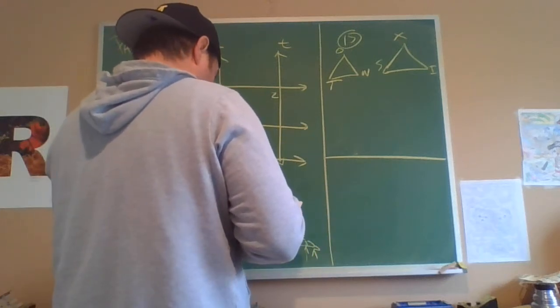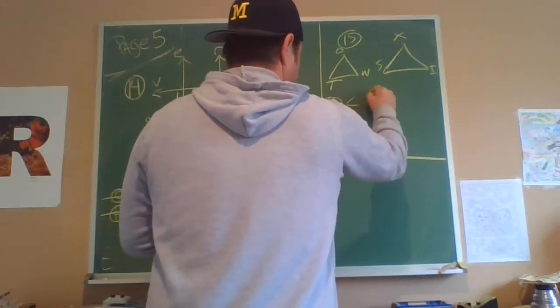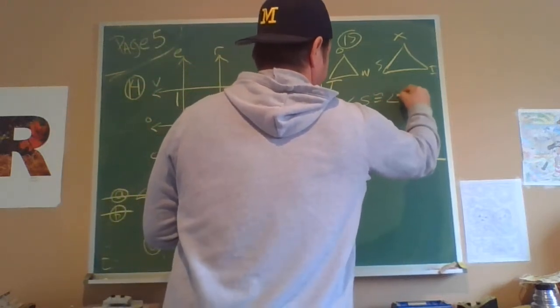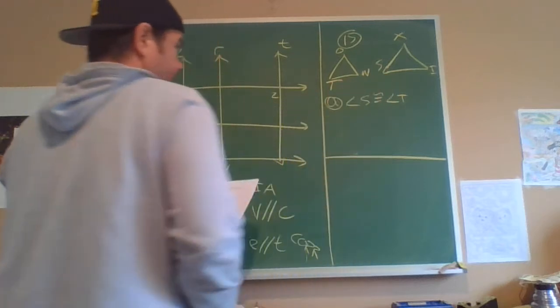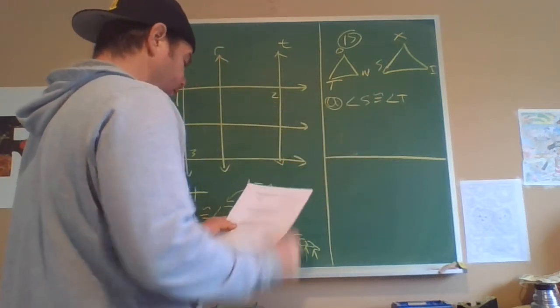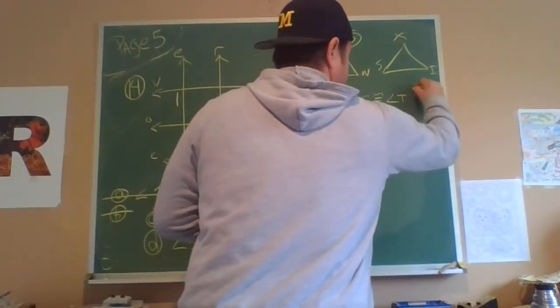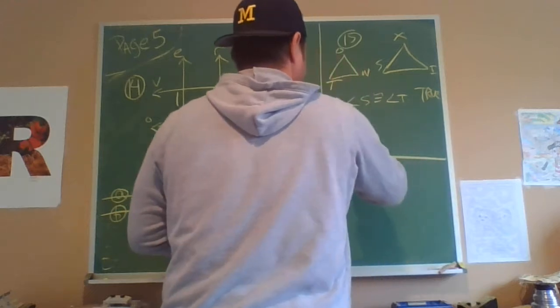Part A: is angle S congruent to angle T? Well, yes, because in the naming of these triangles, S and T are in corresponding positions, so that's true.